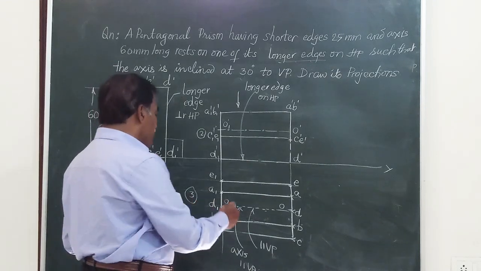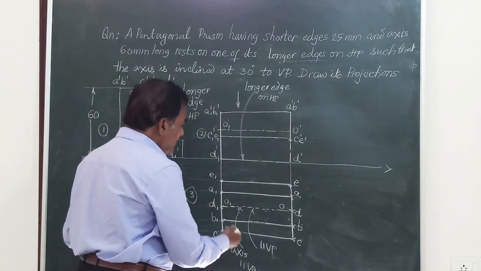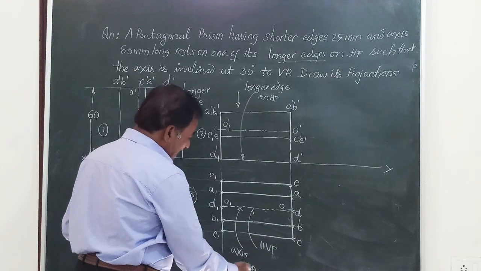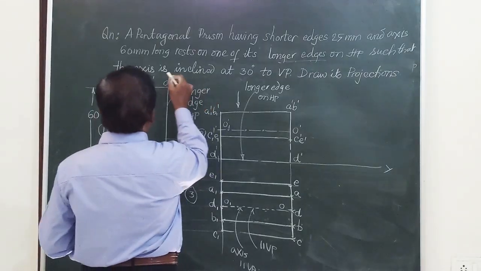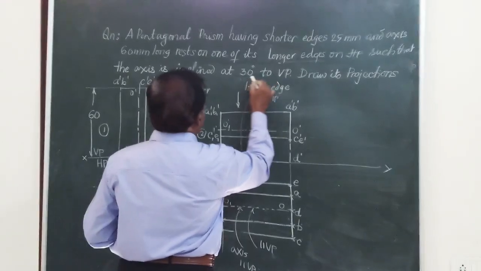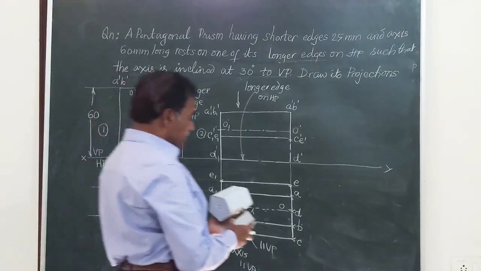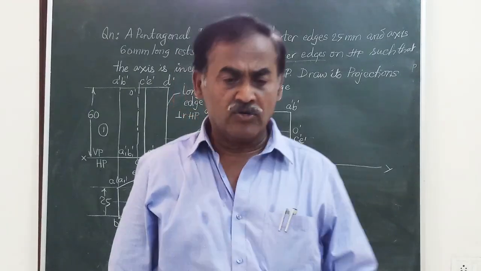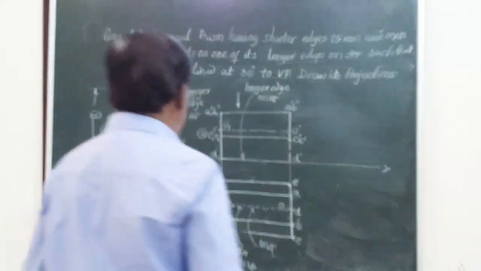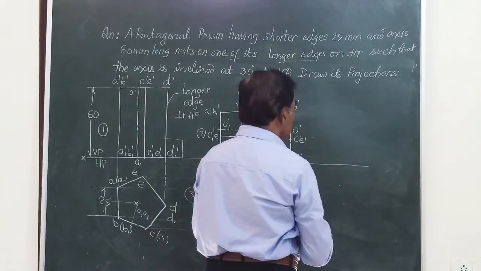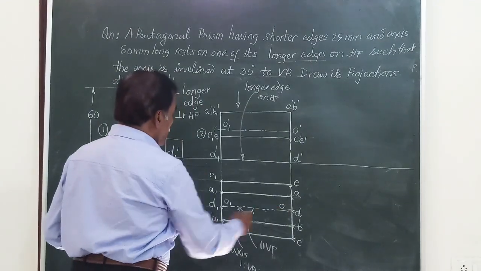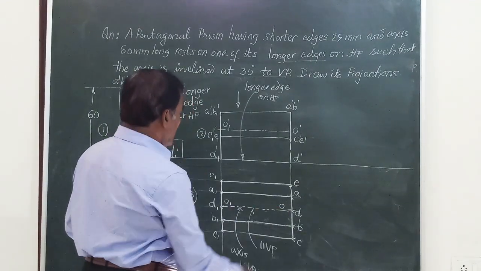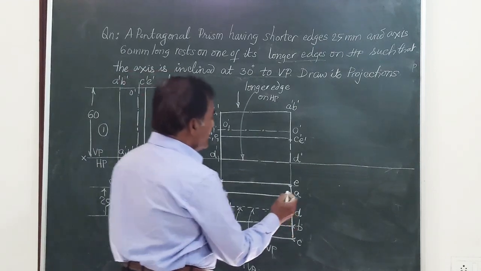In the top view of this figure number 3, we have the axis parallel to VP. The question says draw its projection when the axis is inclined at an angle of 30 degrees to VP. So what is to be done now? Whatever figure you had, that is figure number 3, is to be redrawn with the axis O1 inclined at an angle of 30 degrees to VP.